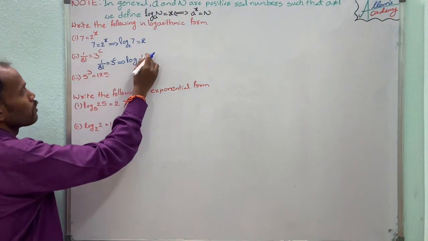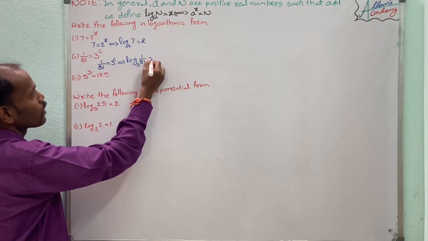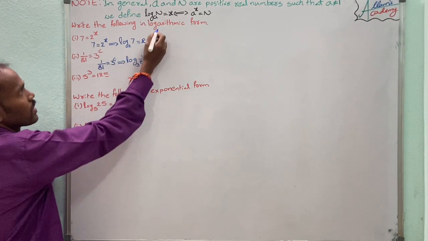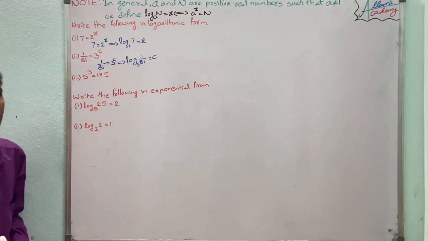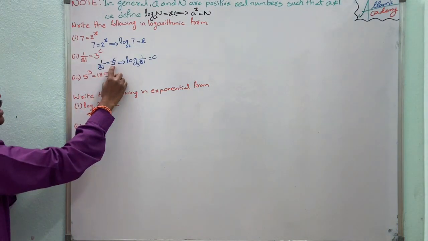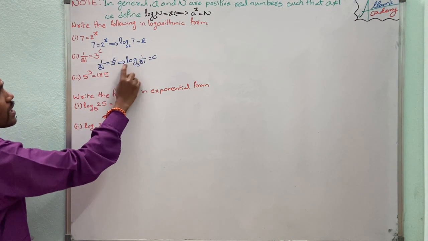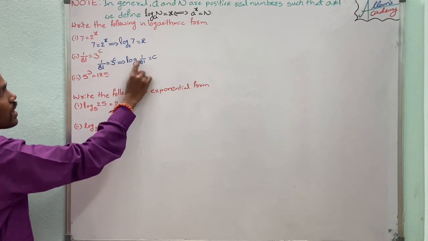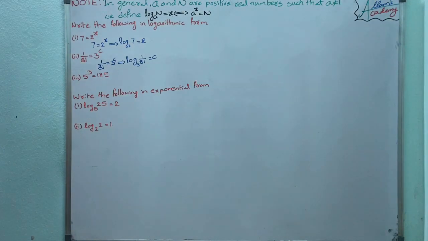So log 1 by 81 base 3 equal to the exponent, that is c. So the logarithmic form of 1 by 81 equal to 3 power c is log 1 by 81 base 3 equal to c.